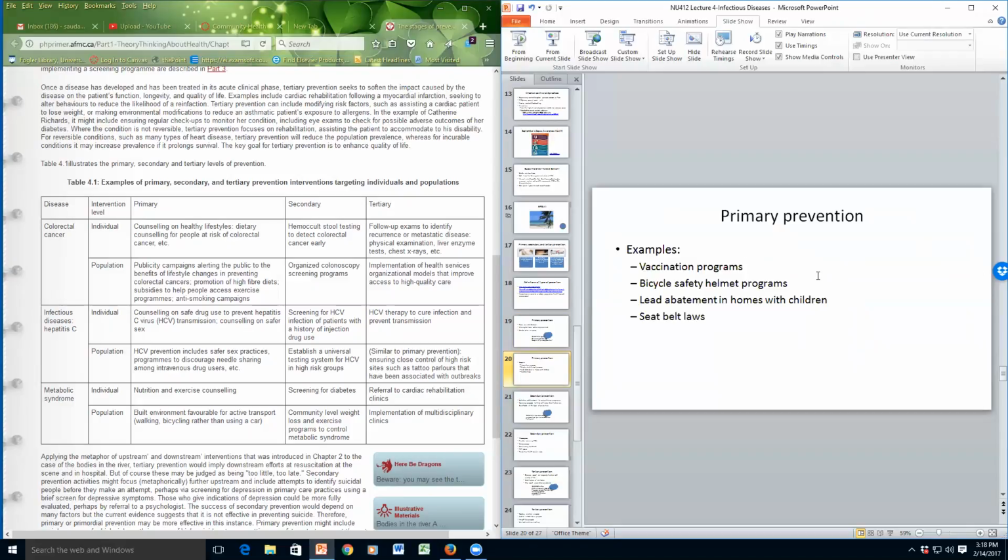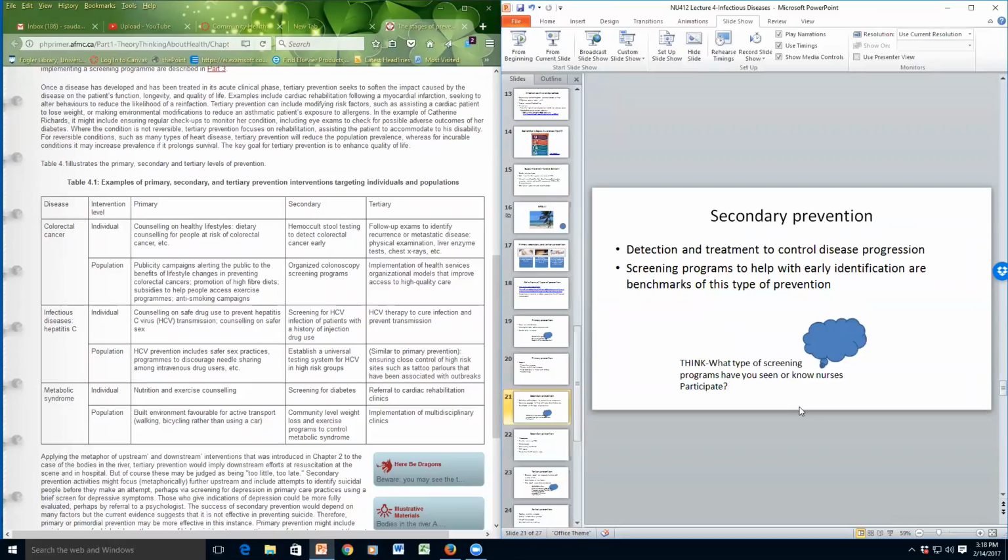Other examples on the community side include bicycle safety helmet programs, lead abatement in homes that have children, and even seatbelt laws. All of those prevent the spread of illness or disease or accidents.